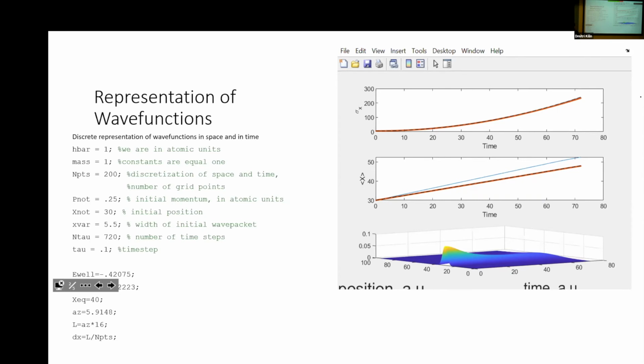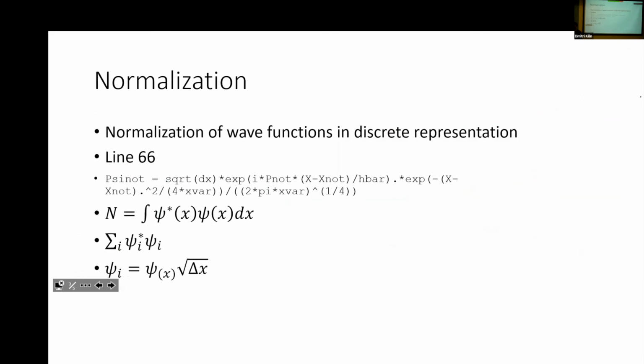And so we get the time versus position, and it gives 3 graphs: one in the 3D model, a linear model, and an exponential model. Next I'll talk about the normalization of wave functions in discrete representation. In the code, it's line 66, which you can see on the screen here.